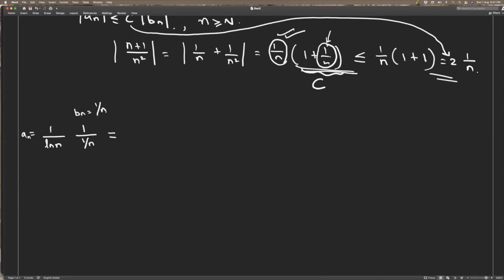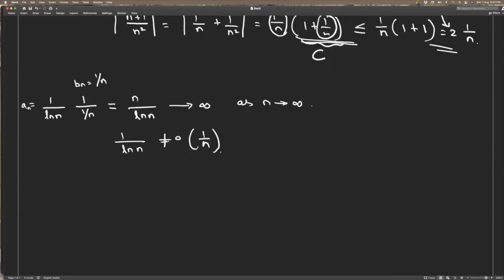Then an divided by bn is n by log n, and you can see that this goes to infinity, right? As n tends to infinity, that itself shows that 1 by log n is actually not small o of 1 by n. Okay, that's intuitively clear.